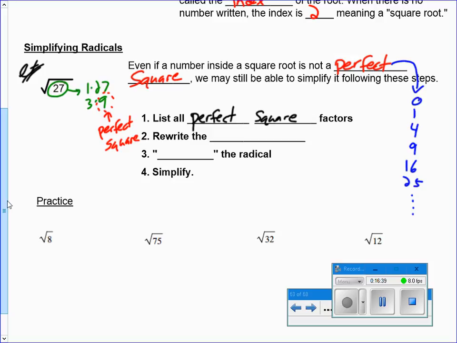So now what I do is I rewrite the radicand using that perfect square. So instead of square root 27, I'm going to rewrite this as square root 9 times 3. And once we write this as a product, this is called the product rule, we can split the radical. The square root of a product of two numbers, so let's say it's a and b, is the same thing as a product of the square roots.